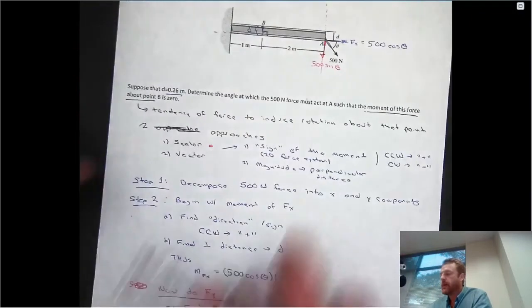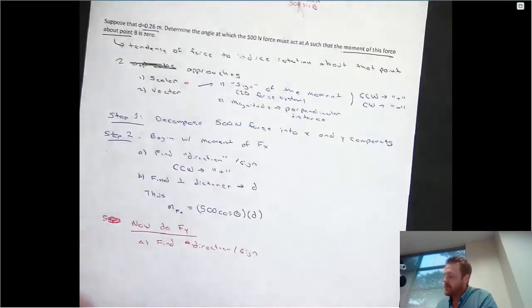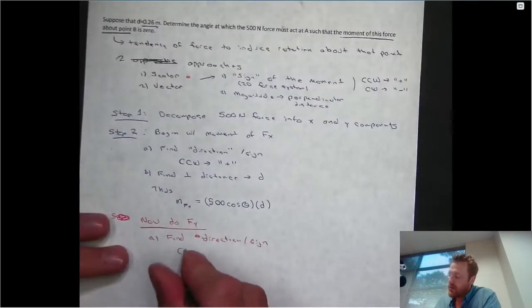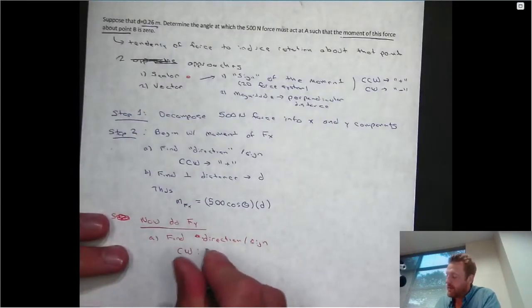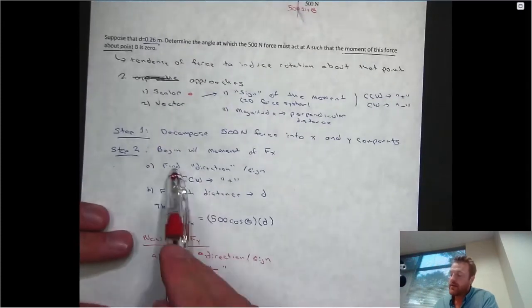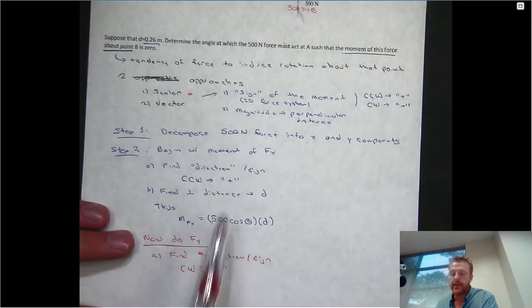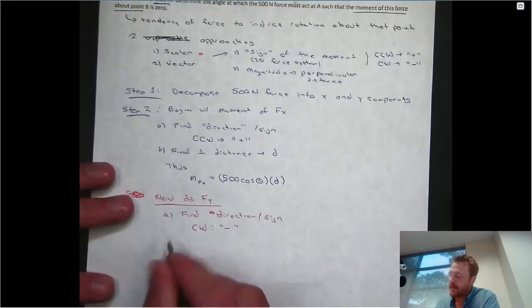It just confuses the point. A force in the downward direction about point B is going to induce a clockwise rotation. And by convention, clockwise rotation is denoted with a negative sign. So the manual inspection of the direction of the rotation is taking care of itself here, because the rotation caused by the x component is going to counterbalance, or go in the opposite direction of, the rotation caused by the y component. So that's why these have opposite signs in this case.